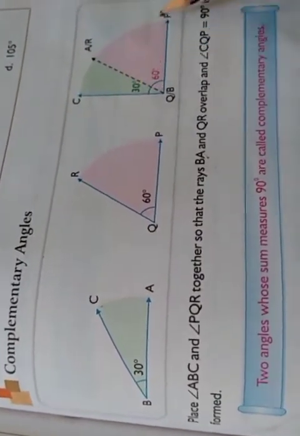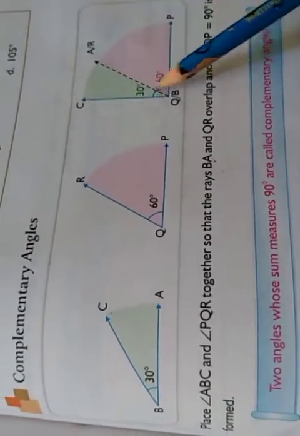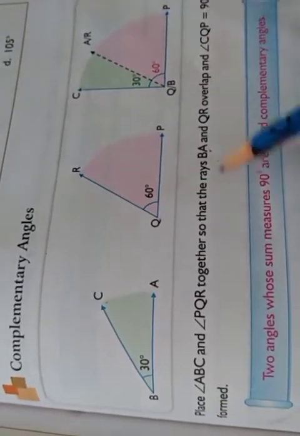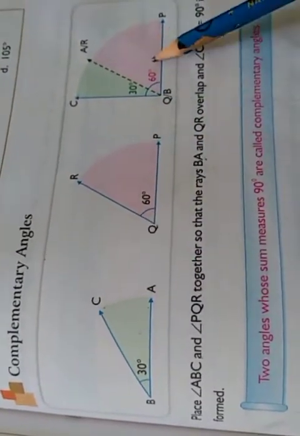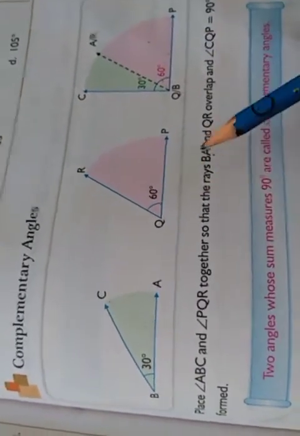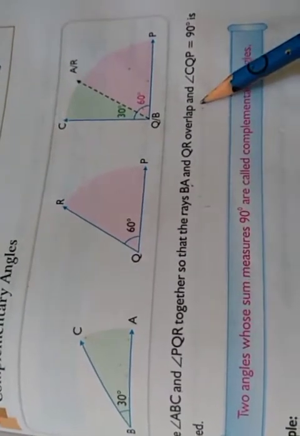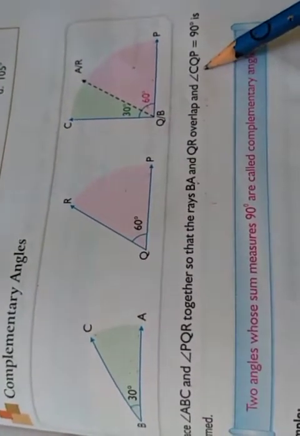Total 90. And when we adjust these two angles here, this angle 60, then this 30 angle when placed along this right angle, then the ray BA and QR will overlap.